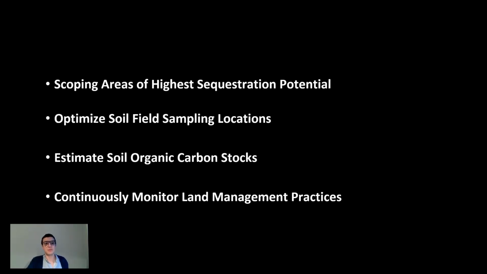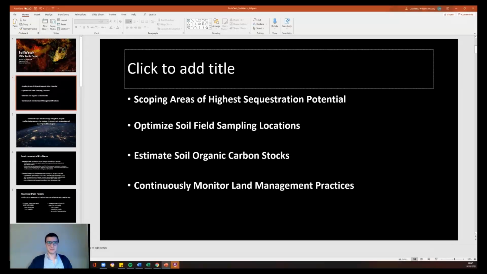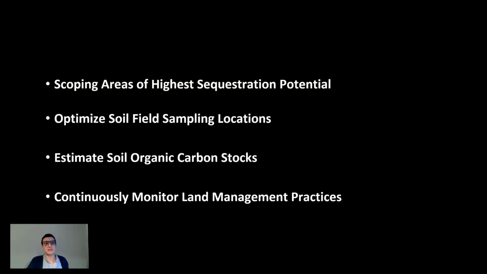By verifying that this practice is happening on the ground, you can effectively know that carbon is being sequestered and that the project is successful, or at least is on its way to generating carbon credits. So these are the four essential tools and prototypes that I'm going to be presenting today.